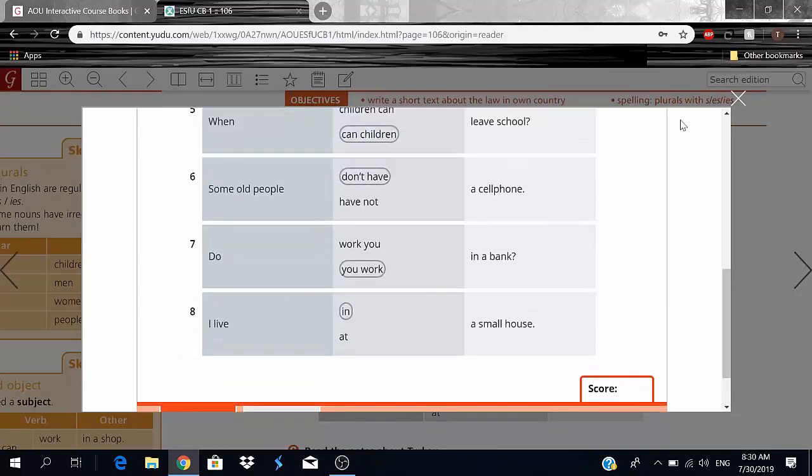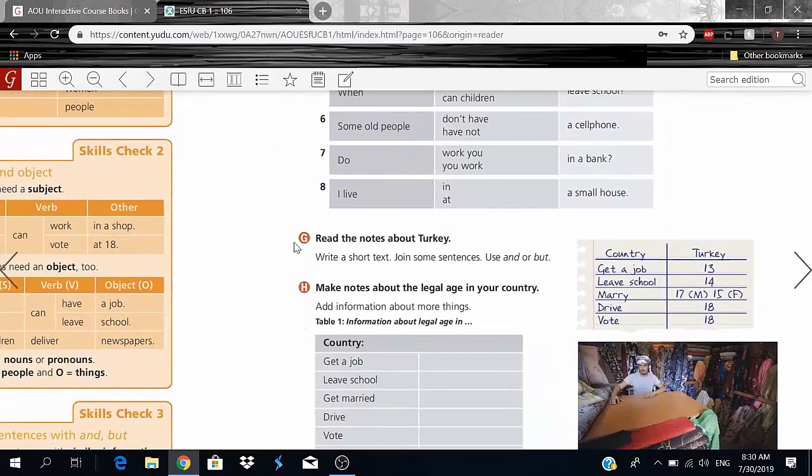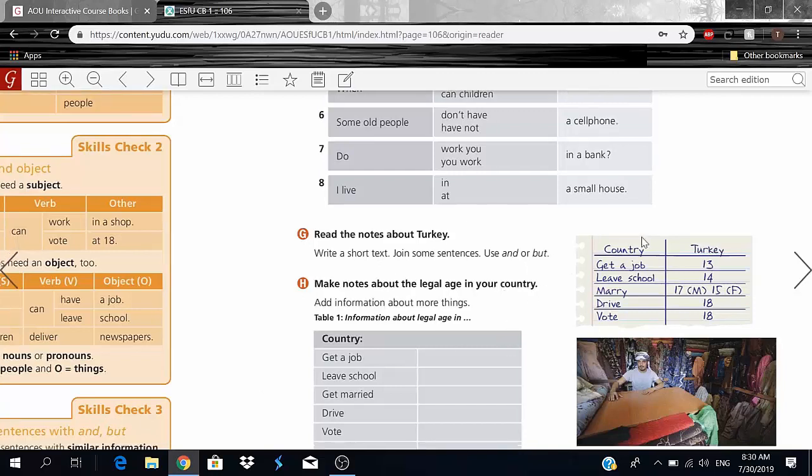Now let's move on here. Here we have exercise G. Read the notes about Turkey and then write a short text and join some sentences. Use and or but. Okay, you guys remember and or but. So country, Turkey. So teenagers can get a job at 13. They can leave school at 14, and wow, that's young.